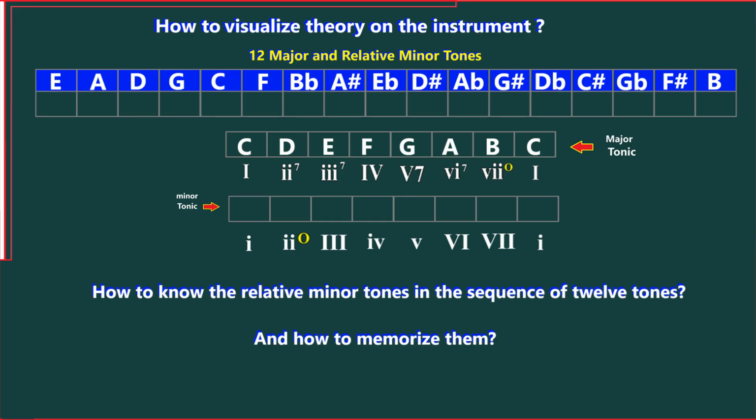From the key of E, let's move downward on the 12-tone sequence 2 steps, and on the guitar fretboard, 1.5 steps. And the same is applied to all 12 tones.